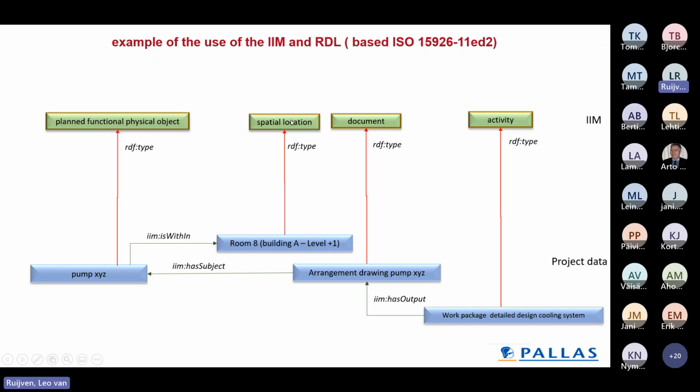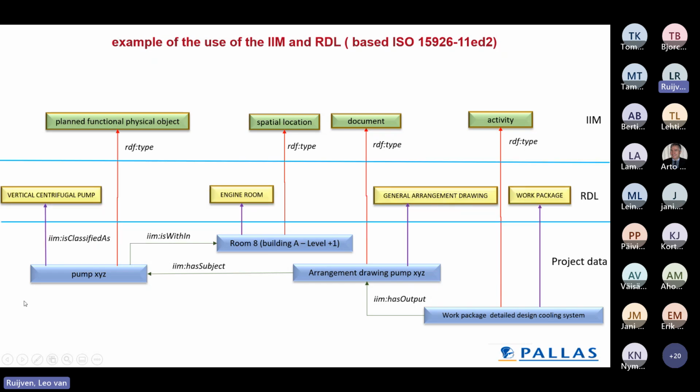The room is a spatial location, the arrangement drawing is a document, and the work package is an activity. And with this also the relationships are defined, including the domain and range of the relationship, and we can validate if it is correctly done.